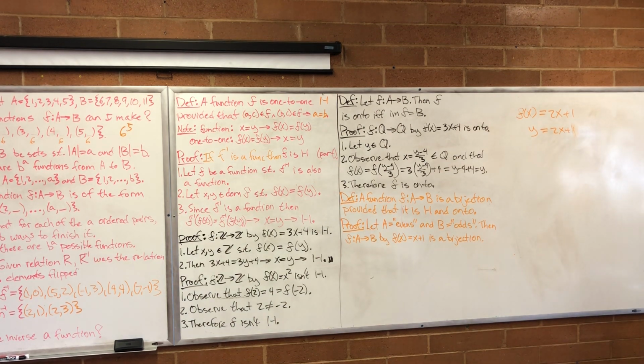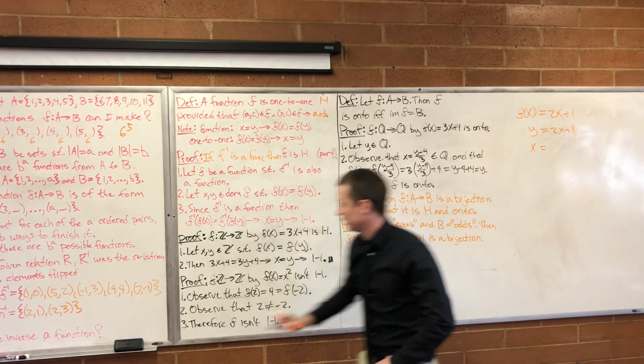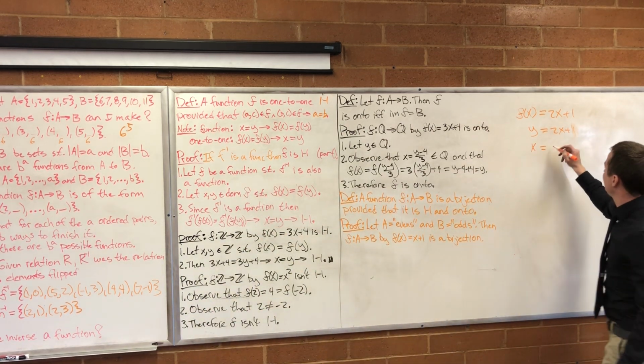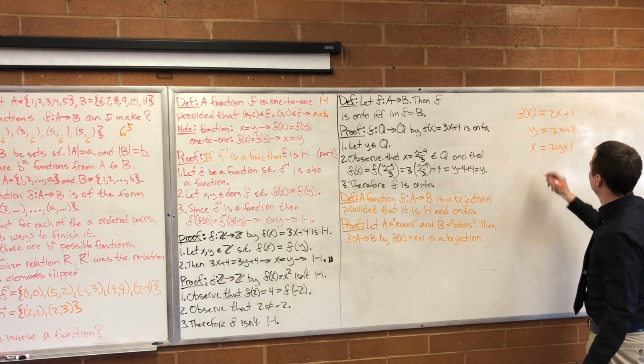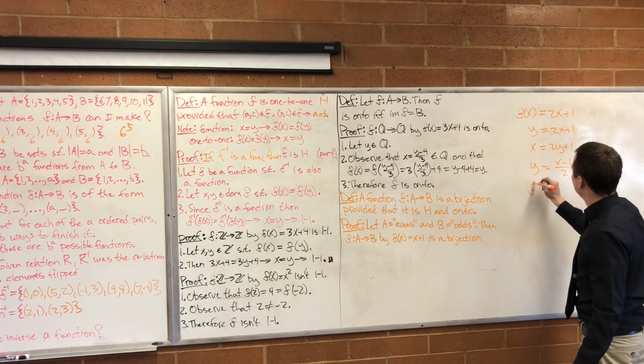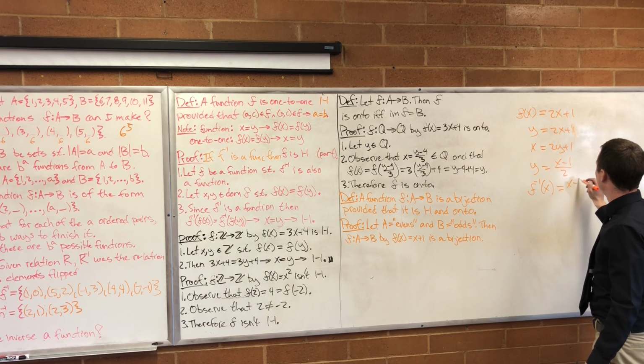Now we need to flip all our x's and y's. So x is equal to 2y plus 1, or in other words, y is equal to x minus 1 over 2. So f inverse of x is equal to x minus 1 over 2.